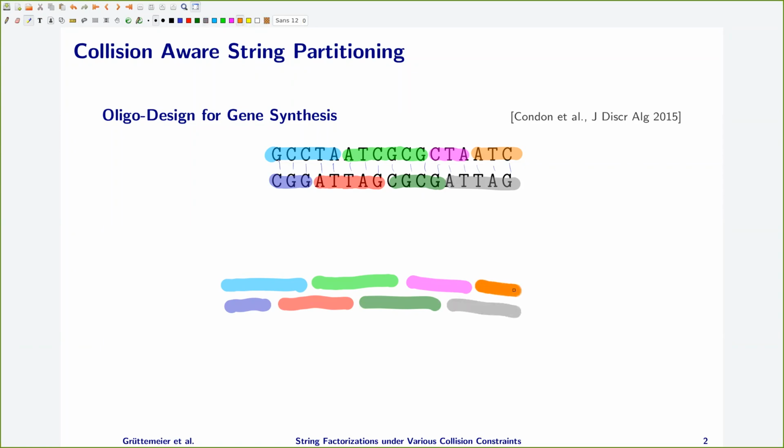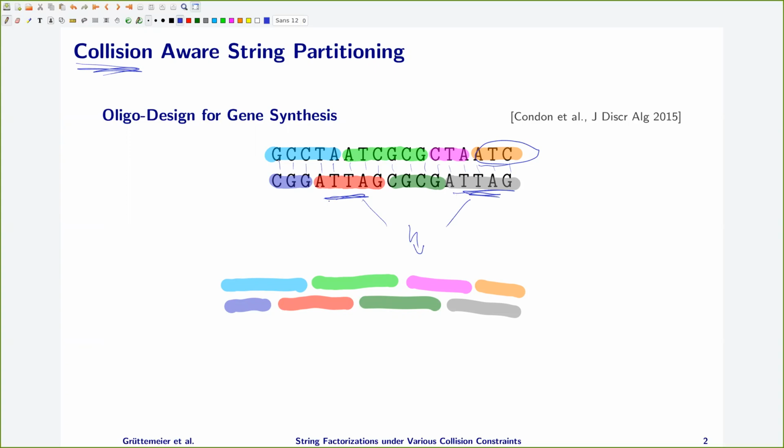Now there's a problem with the set of oligos that I designed here: these two are the same. This is what is called a collision in this application setting. Why is that a problem? Because the two are the same, this string not only binds to this one, but also to this other one.